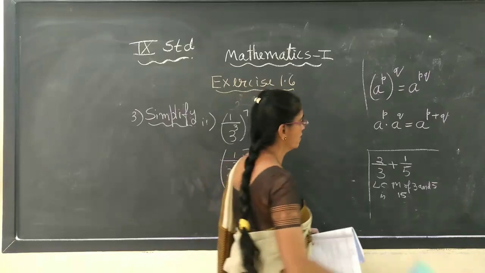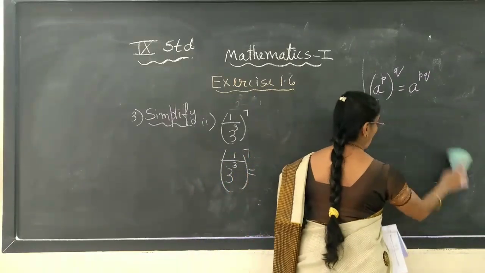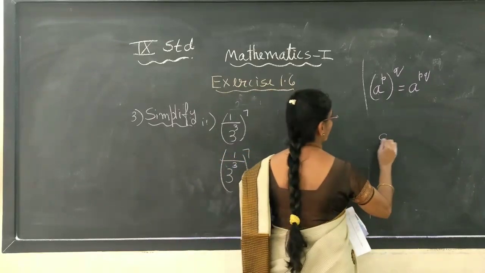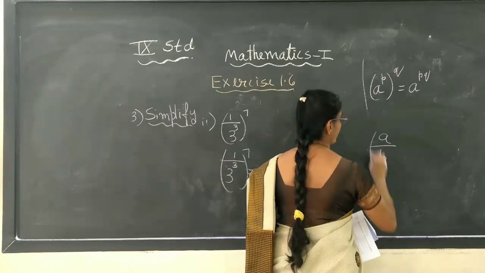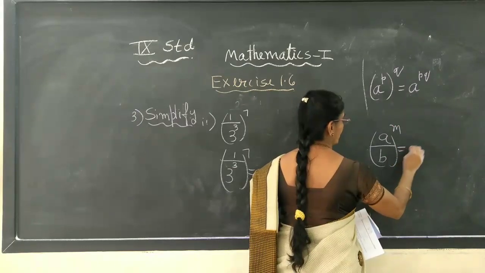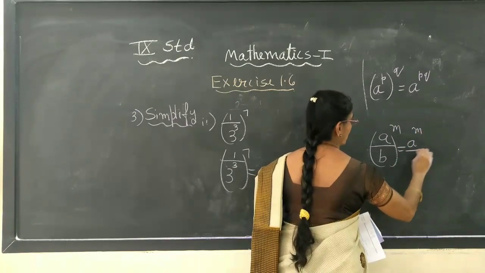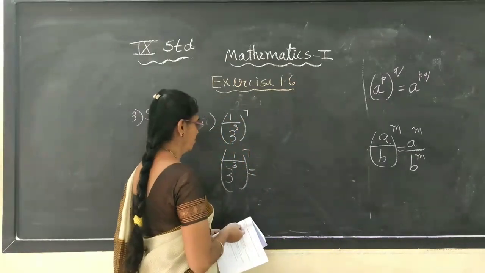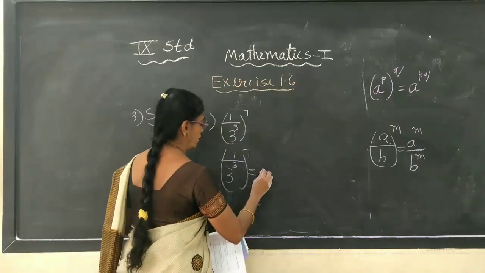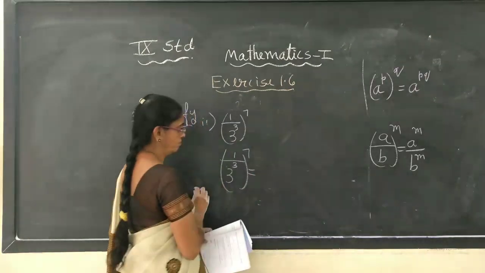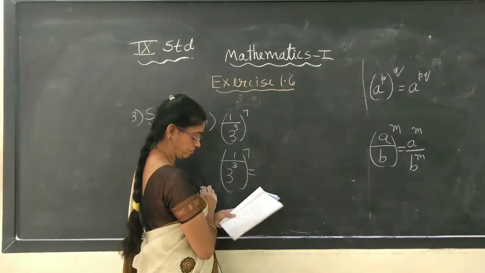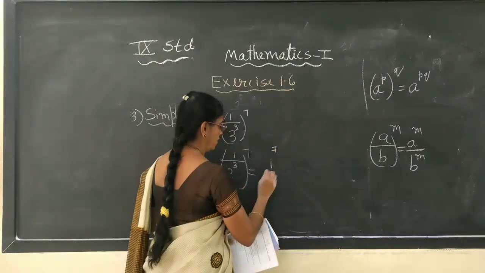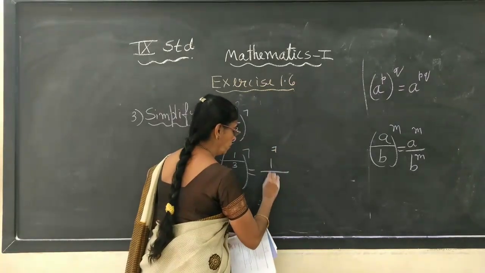This law we have to use now. This law they are not given, a to the power of m also, b to the power of m also. Okay, so it is equal to 1 to the power of 7 into 3 cube, it's 7.